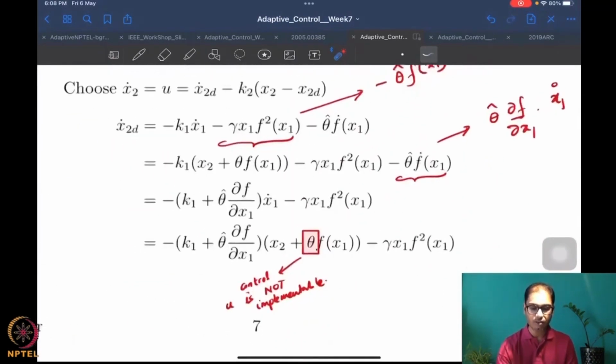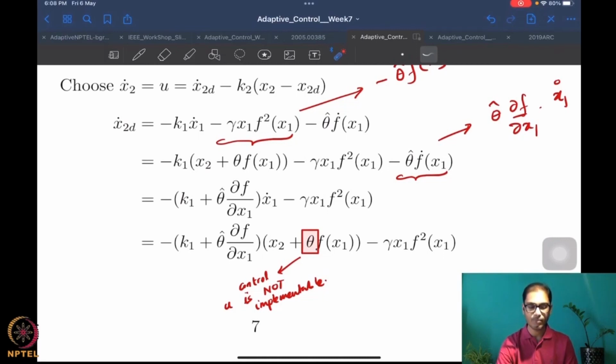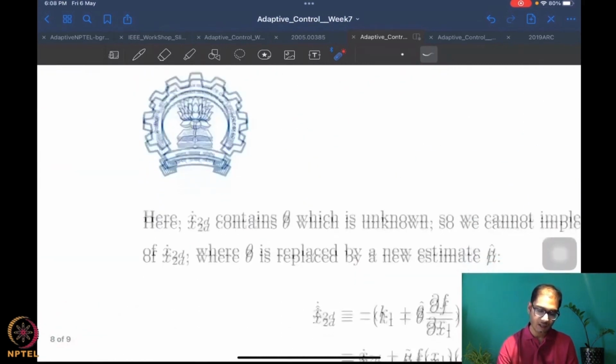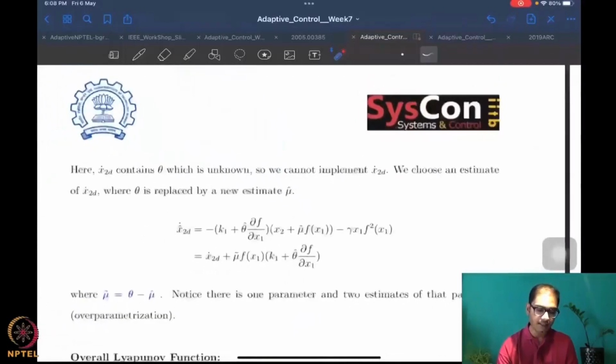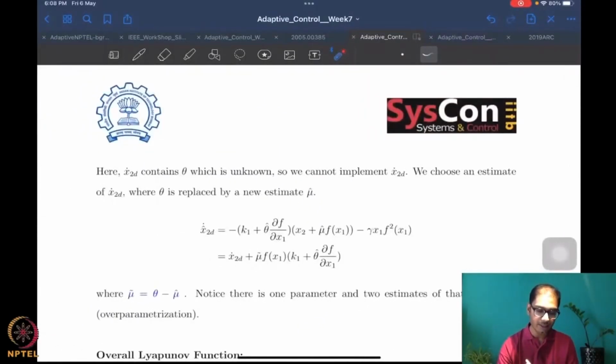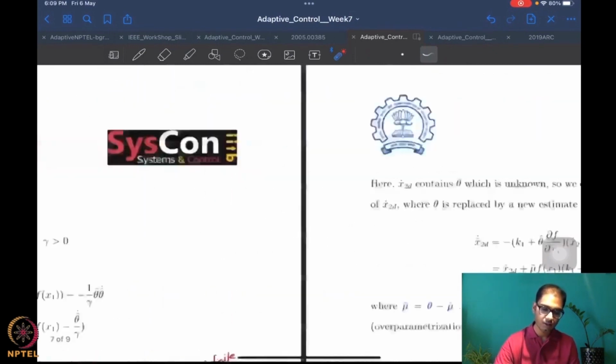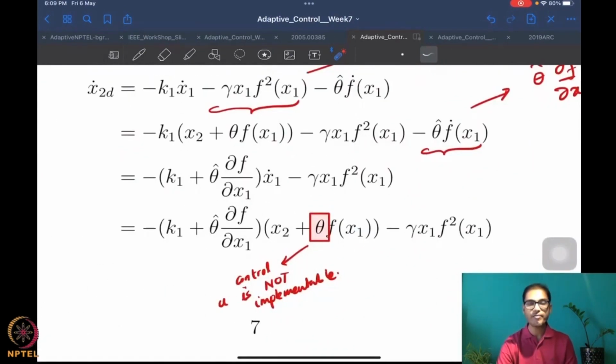Now we need to figure out what we need to do. We of course do the obvious thing: instead of having a theta, we replace it with a new estimate, mu hat. Because there is an unknown here, every time we get an unknown, that's what we do in certainty equivalence.